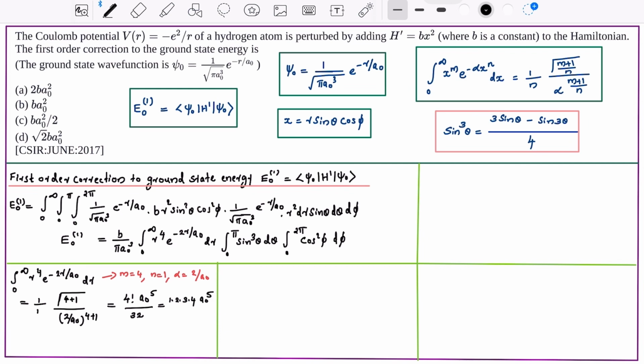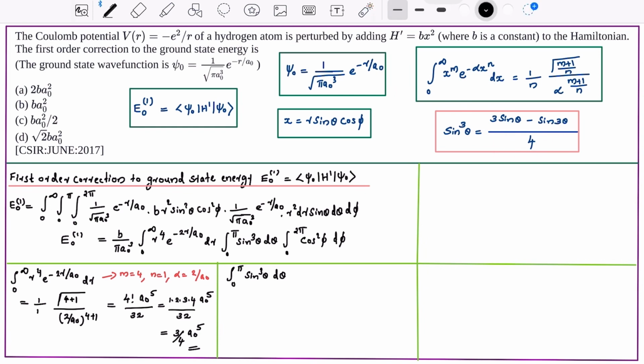That is 1 into 2 into 3 into 4 a0 raised to 5 divided by 32, and that is equal to 3 by 4 a0 raised to 5. So the integral 0 to infinity r⁴ e raised to minus 2r by a0 dr is equal to 3 by 4 a0 raised to 5.